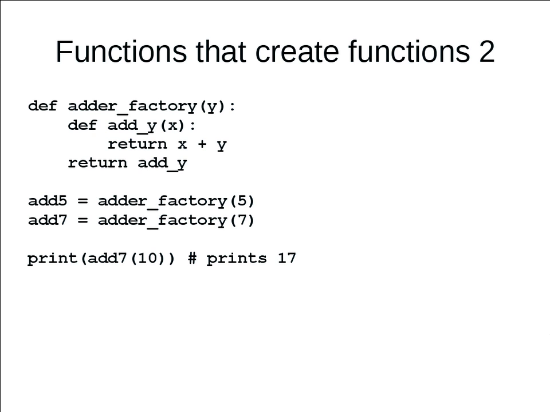We call add7 by calling adder factory and calling 7, and I just have an example to show that the add7 works. Now, if you think about it, this must mean that the y that you passed in is being saved somewhere. When it's saved somewhere, we say that the function that we make closes over that value, and we call the result of that a closure.